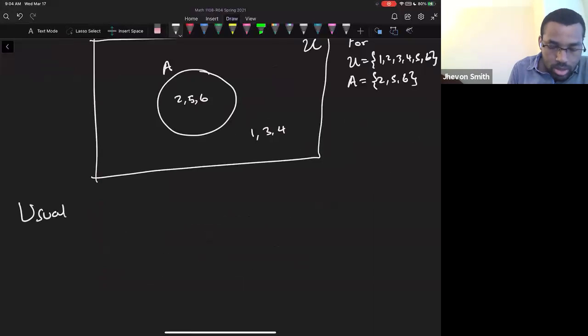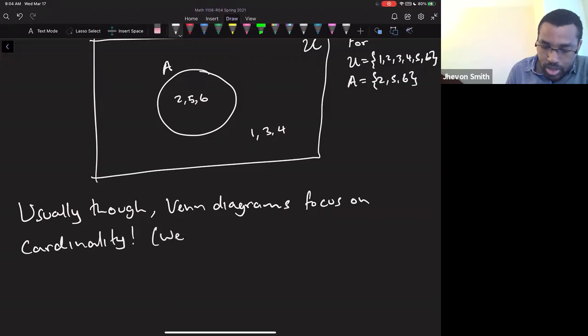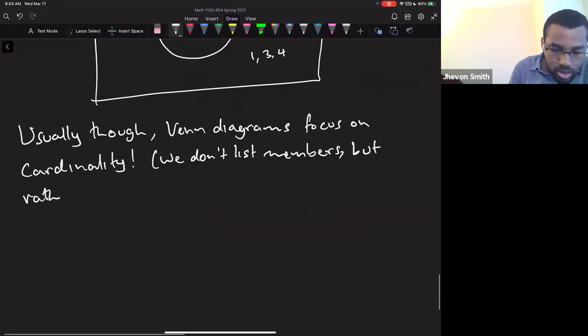Usually, though, Venn diagrams focus on cardinality. So we don't normally list members, but rather how many members are in each region.